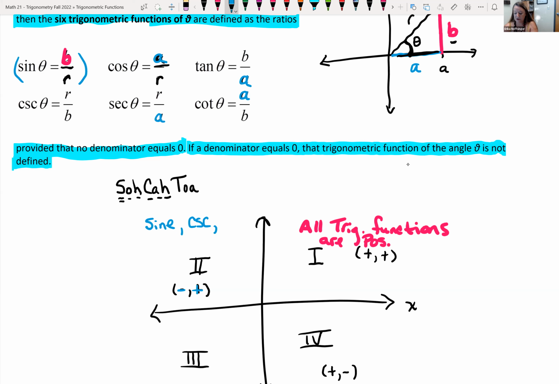So sine and cosecant of theta are positive if we're in quadrant 2.